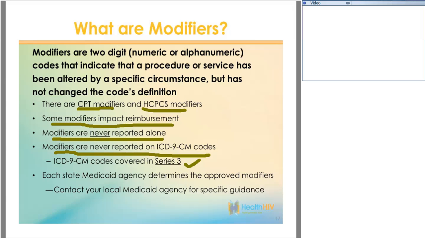You should follow up with your local state Medicaid agency to find out which modifiers are approved for the services that you're providing, because there's always going to be a discrepancy between the coding guidelines and the billing guidelines. The coding guidelines just give you a general overview of which codes to use for the services you're performing.